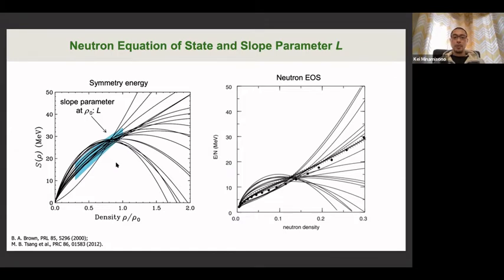So it's very important to determine experimentally some of the parameters, for example, the slope parameter at the nucleon saturation density, to constrain theoretical calculations to be extrapolated to the higher density or the lower densities. And then naturally, since the symmetry energy is not well constrained, the neutron equation of state also goes all over.